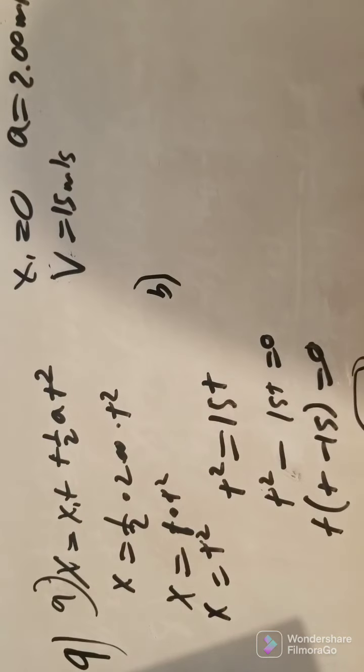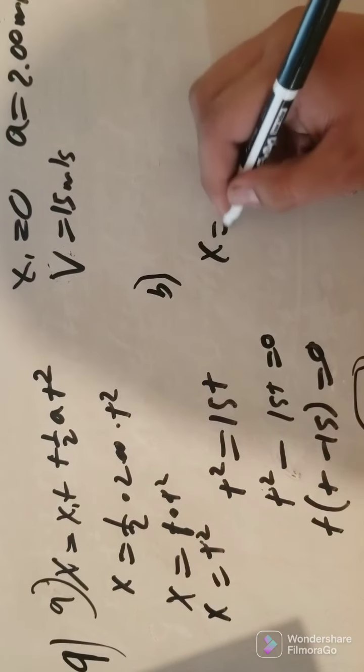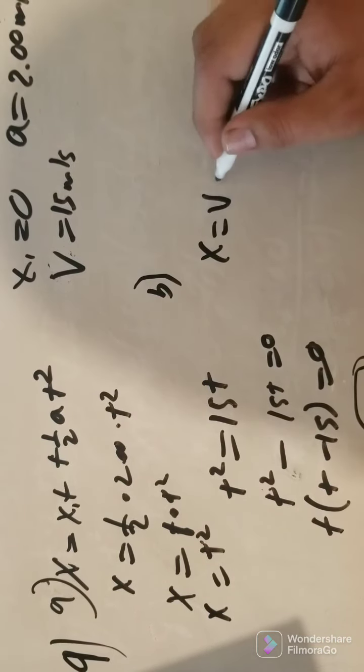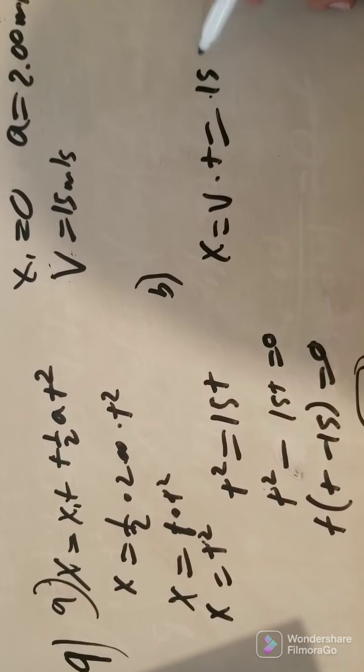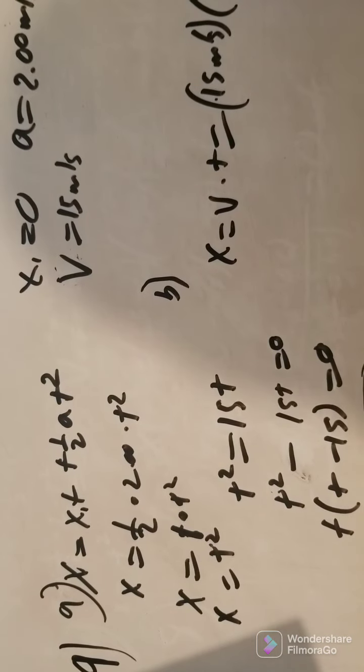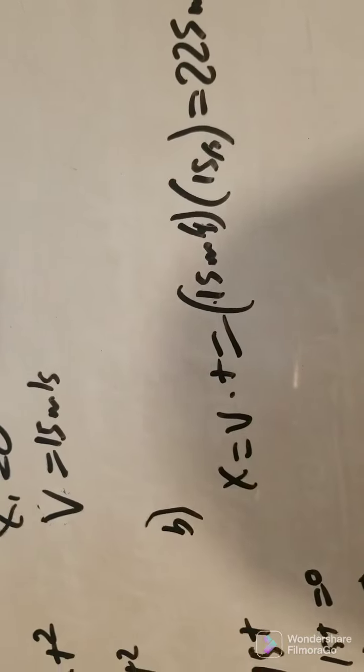I sort of already had that down, but it was in the wrong place, which is just x is equal to v times t. So that's 15 meters a second times 15 seconds, which gives us 225 meters, because the seconds cancel out.